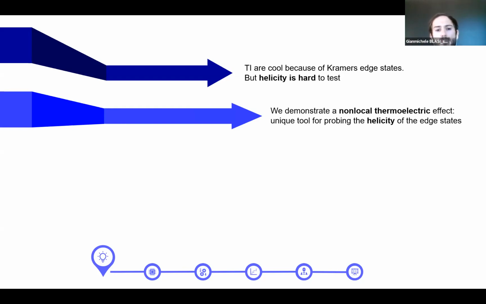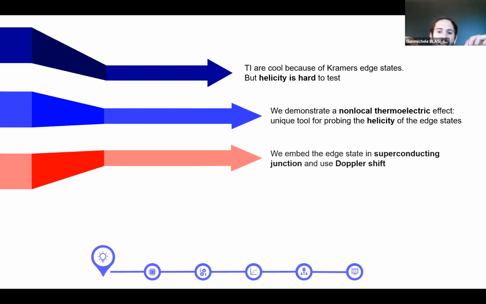More specifically, we consider just one helical edge state of a topological insulator embedded inside a superconducting topological Josephson junction with the usage of an external magnetic flux, which in turn induces what is called the Doppler shift effect.